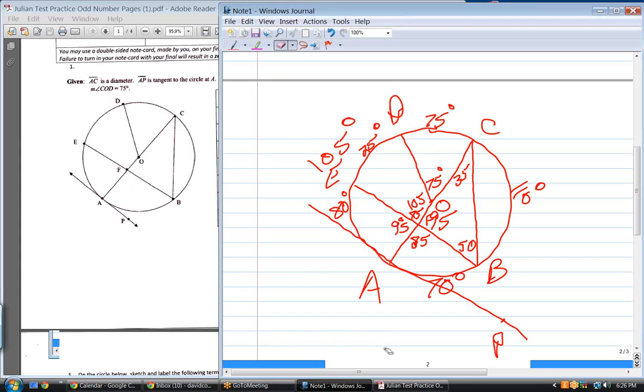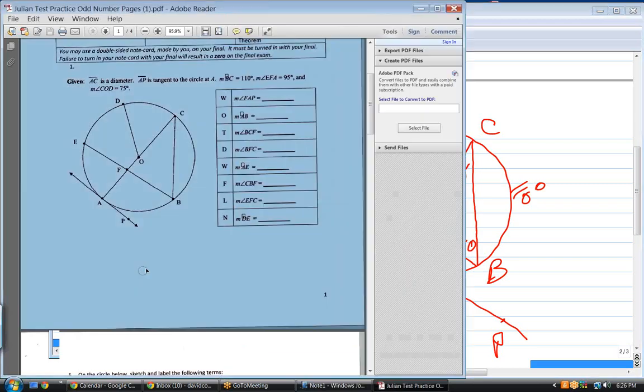If you get a problem like this on the test, hopefully you'll be able to draw on the test. In other words, it's going to save you a lot of time if you don't have to redraw this thing. But the key thing on all of these problems is to label everything they give you and then just start figuring out stuff. And you don't even have to do it in the order they ask.